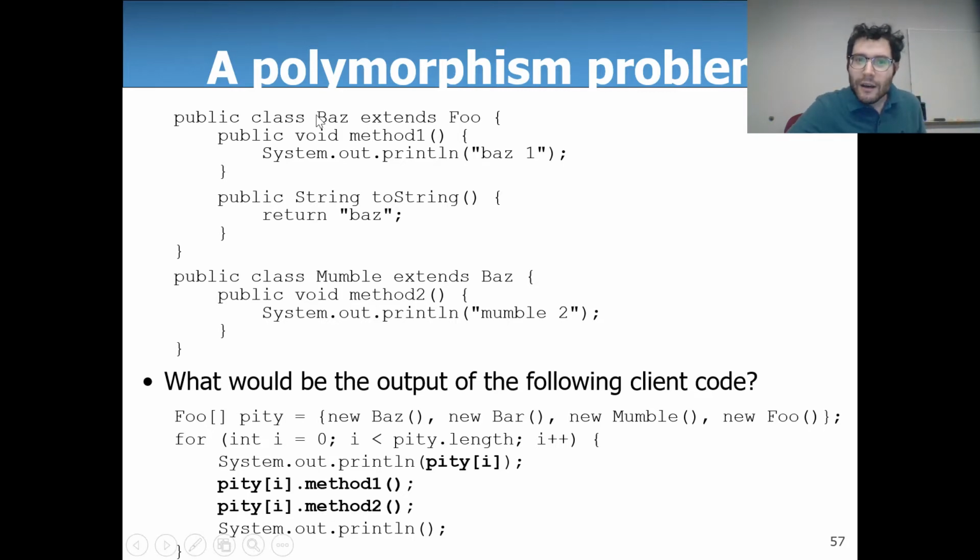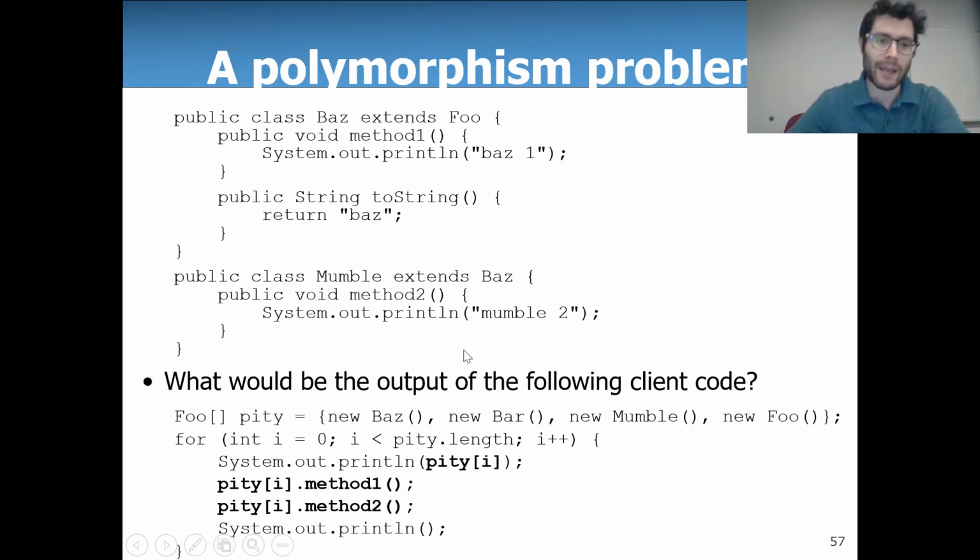So baz extends foo. It overrides method 1 and it says baz1. So we're not going to try to do anything too tricky here. We're not going to put a different name here instead of baz. So if it overrides method 1, it prints baz1, and toString will be baz. And then we have mumble extends baz, which overrides method 2.